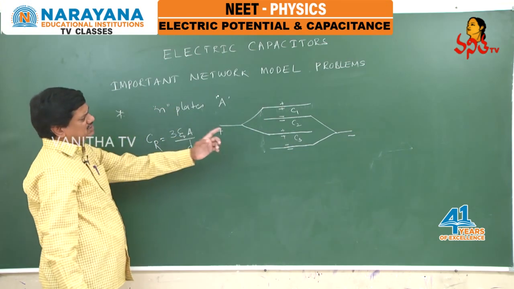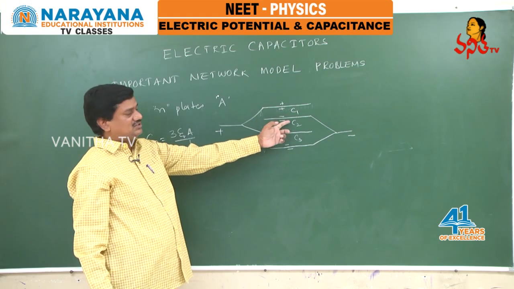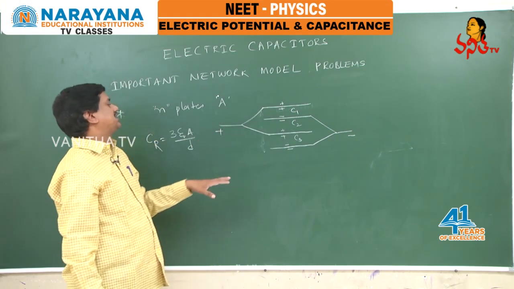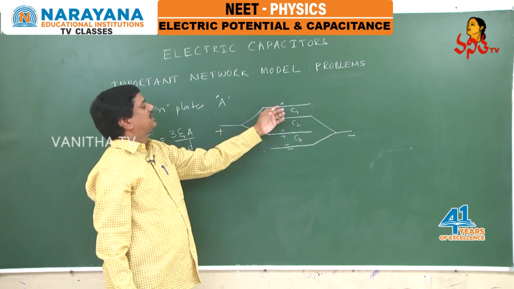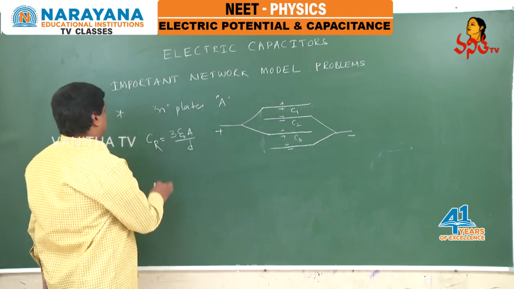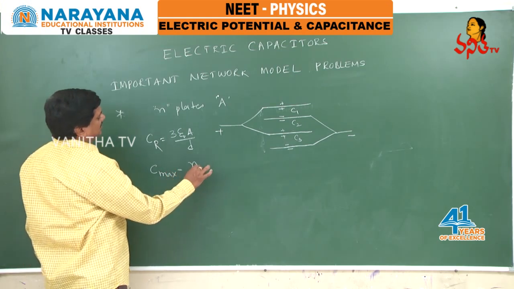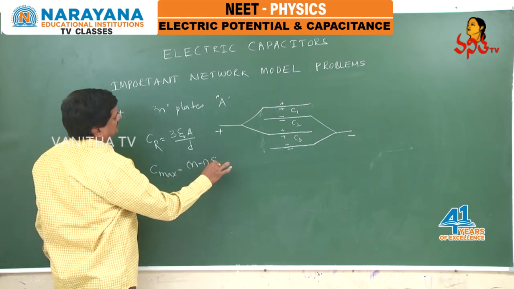Now, how many plates are taken? 4 plates are taken. How many capacitors are formed? 3. If n plates are taken like this, the maximum resultant capacitance I can write is n minus 1 epsilon naught A by D.